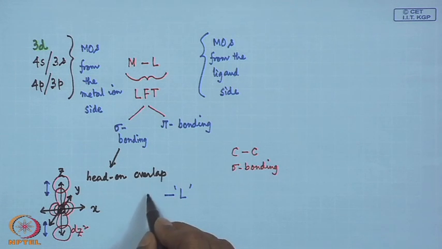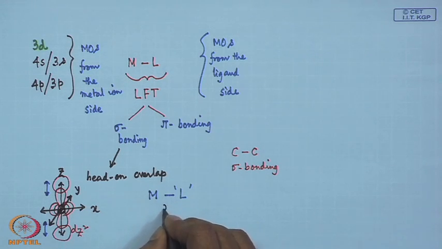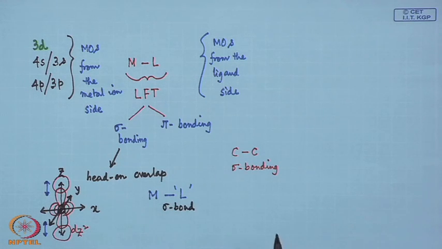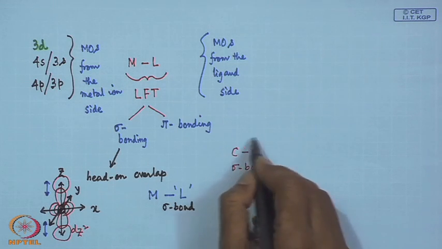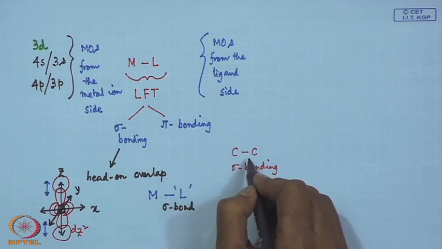So, how is this L interacting with the metal ion, and what are the orbitals we are talking about in terms of the corresponding sigma bond? When we have the two carbon centers, we all know the corresponding overlap, because they are of the same type.